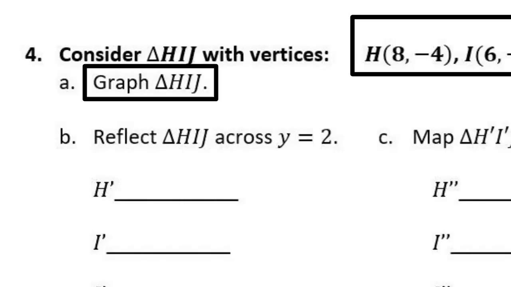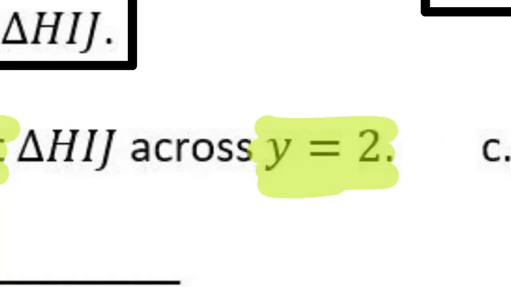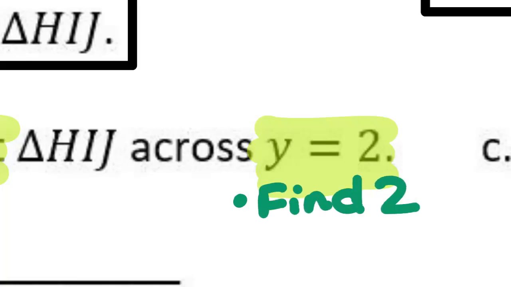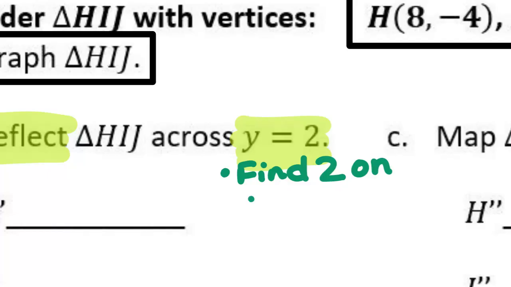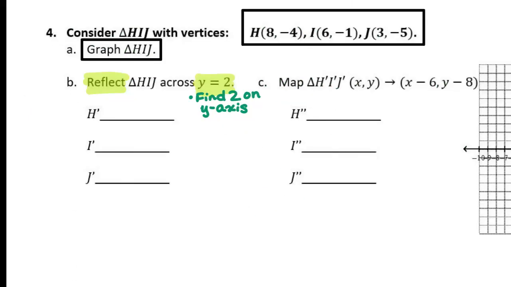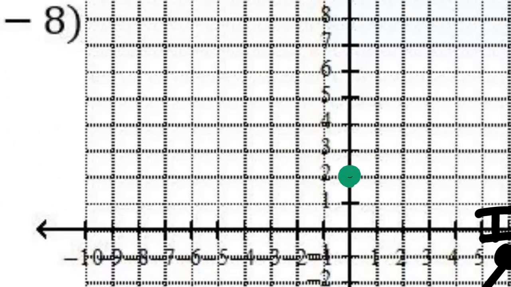All right. We're going to take this and do what with it first? Reflect across y equals 2. Anytime I have x equals a number or y equals a number, this is going to be a straight line. I need to find 2 on the y-axis. So 2 on the y-axis, that's right here.